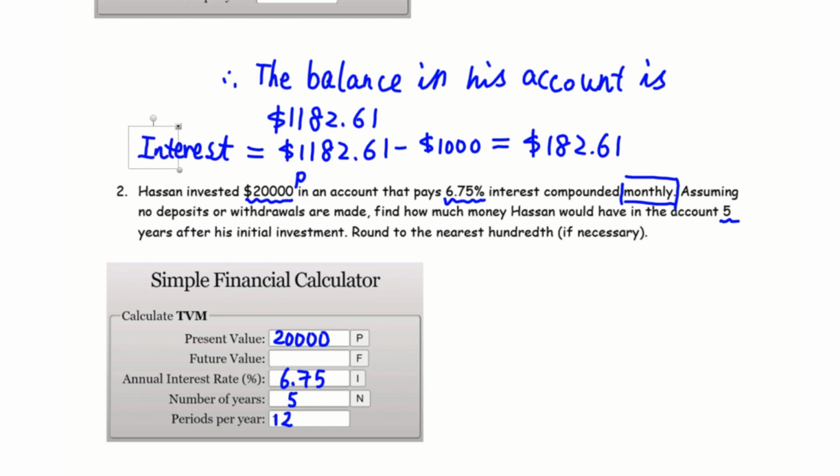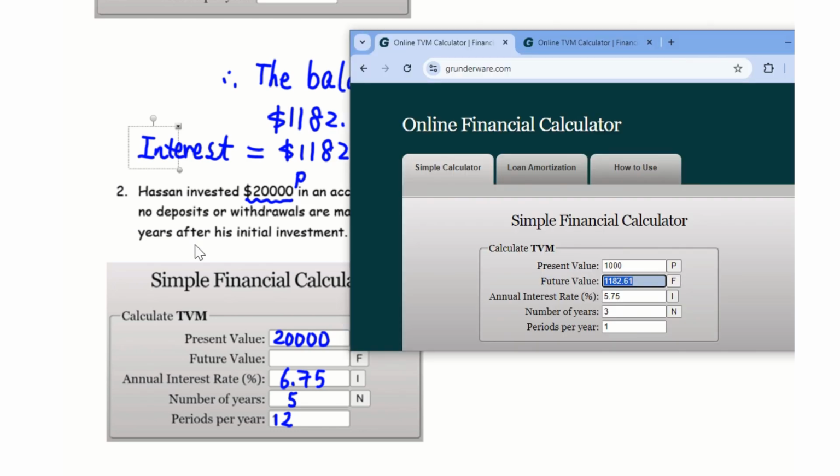In the TVM solver, we delete the future value, then the present value is 20,000, and the interest rate is 6.75 percent, and it's 5 years. Now it's not once per year, it's 12 times the interest will be paid.